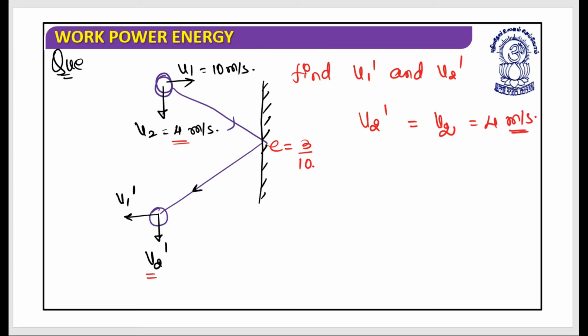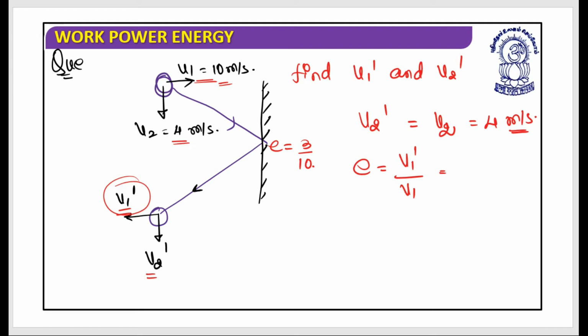Now let's work on the second. These are the perpendicular components to the colliding surface. If they are perpendicular, they need to be written with the coefficient of restitution. So e can be written as velocity of separation. Look at this, this is moving away from the surface, so it is the velocity of separation, v1 dash, divided by the object that is moving towards it, which is v1.